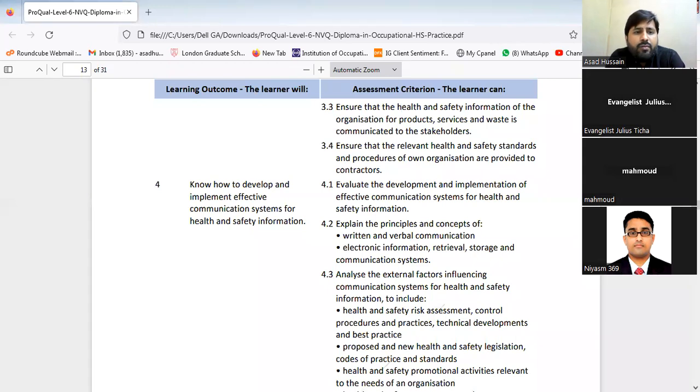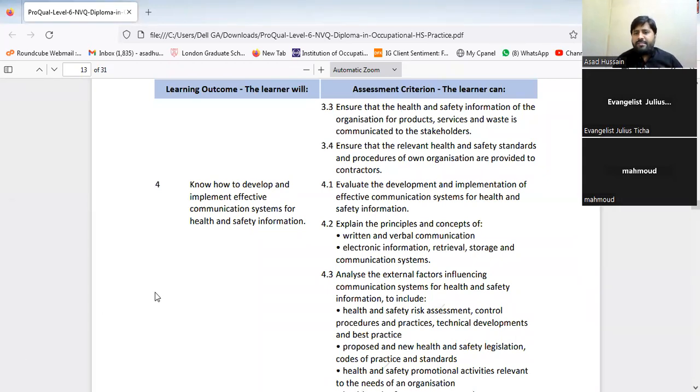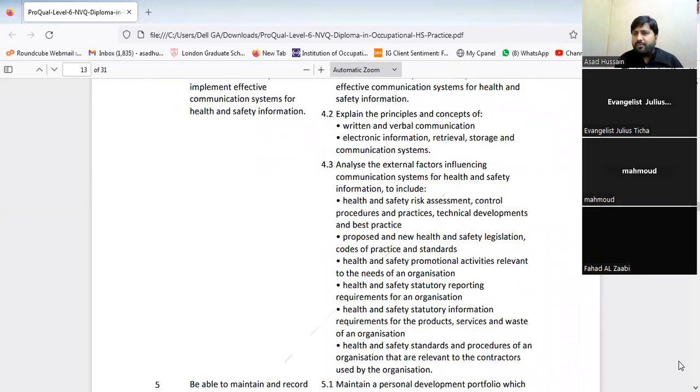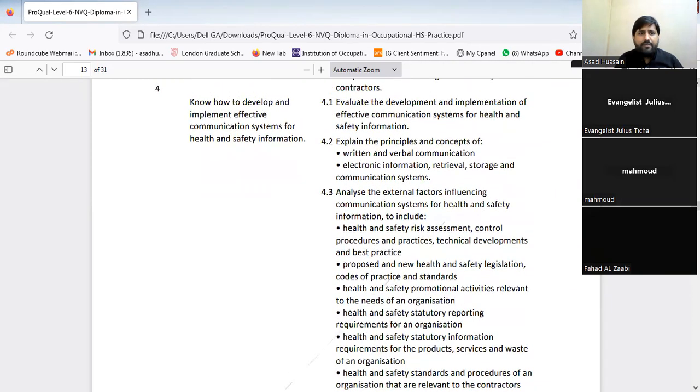I will first discuss what it is asking, or what it is for. We now have how to develop and implement effective communication systems for health and safety information. Here he is asking that you should know how to develop and implement. It means how much you understand, or what your knowledge is regarding the specific thing.